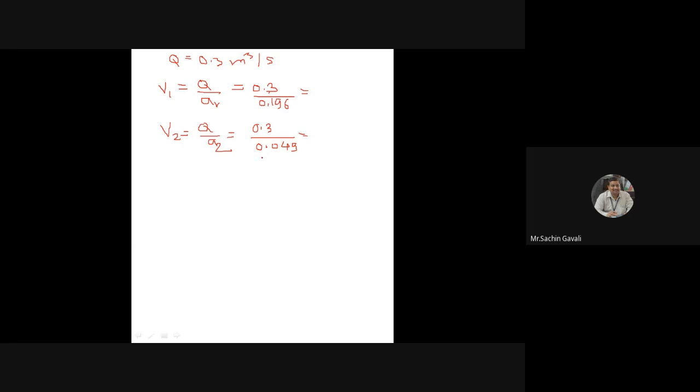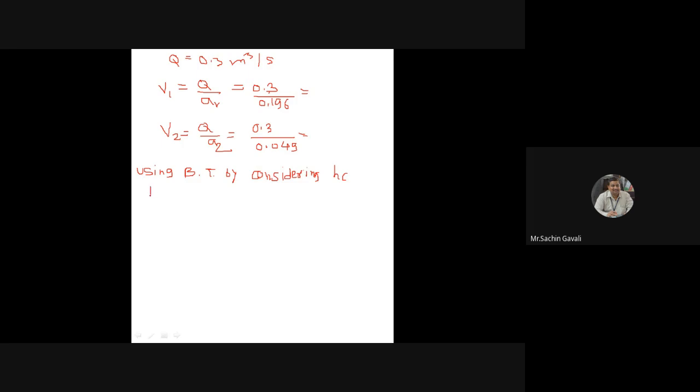Then using Bernoulli's theorem by considering head loss due to contraction. Somebody has to tell the value of V1 and V2, or in the message box.